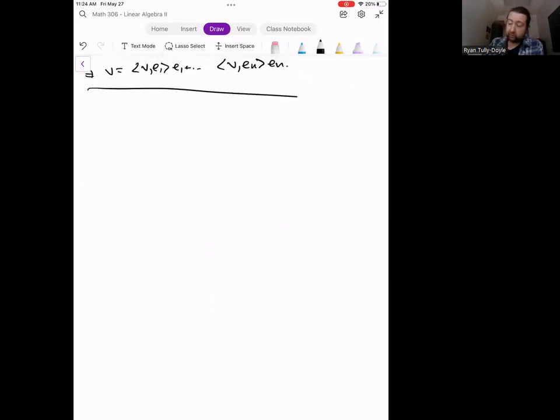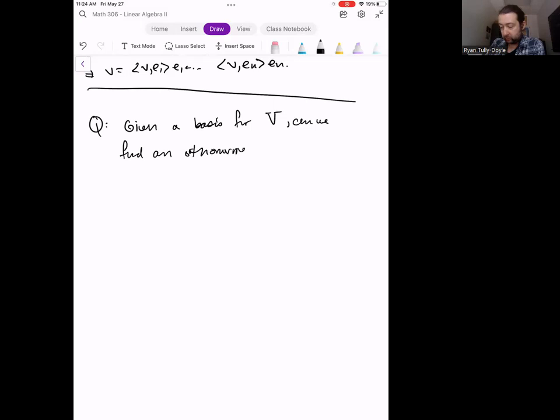So the big lingering question then is, given a basis that's not orthonormal, can you produce one that is? This is a question that got raised in class. Given a basis for a vector space or a vector subspace V, can we find an orthonormal basis with the same span?